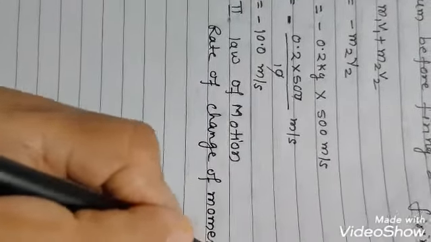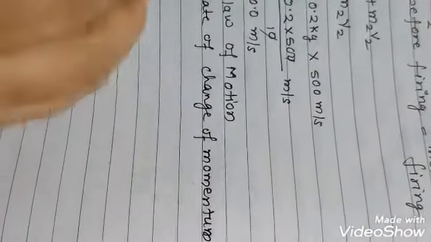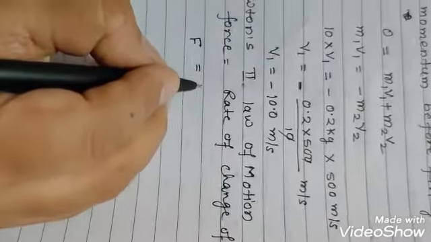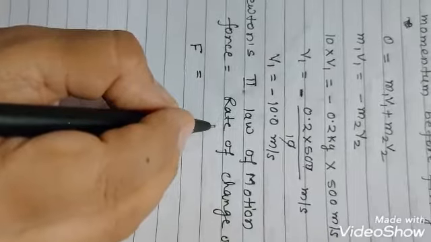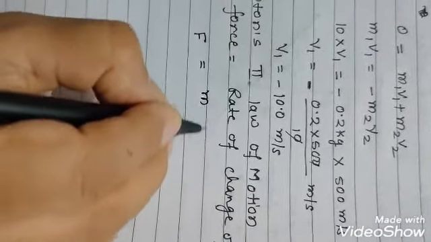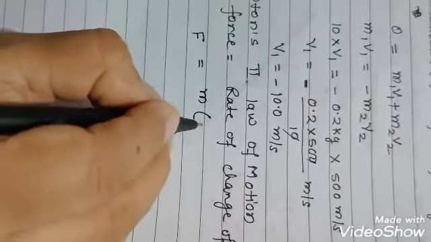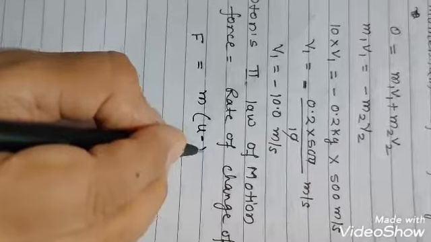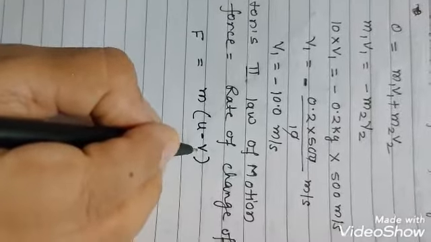So the force F which is working on the gun will be equal to the rate of change of momentum, that is equal to the mass of the gun times its final velocity minus initial velocity.